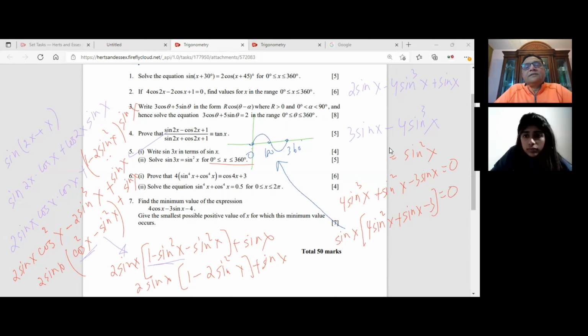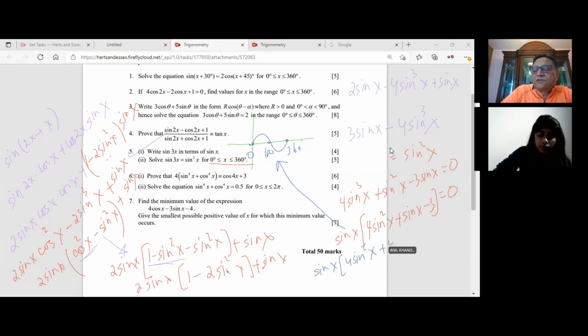You can write sin x as 4 times 3 is 12, so it's 4 and 3, right? So you just factor this out. Can you factor this? Let me write the long way: 4 sin square x. Yeah, you can factor it. 4 sin x minus... we need positive, right? 4 sin x minus 3 sin x, minus 3 equals 0.